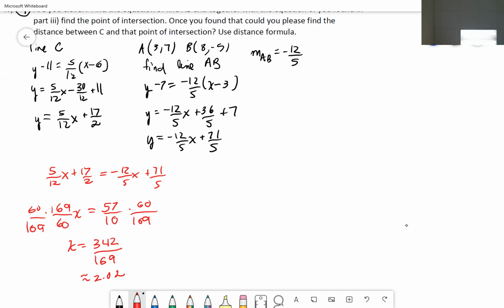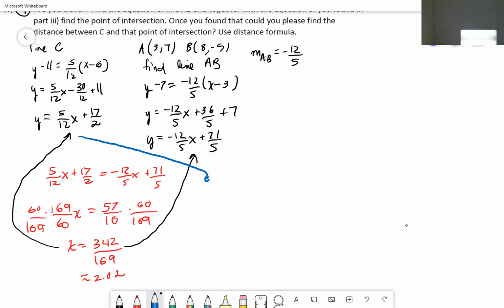I could always make sure that it works on both equations, just to make sure that I got this right. So I'm going to take this and either put it in here or both, depending on how my time is going. So 5 divided by 12 times 342 over 169 plus 17 over 2.